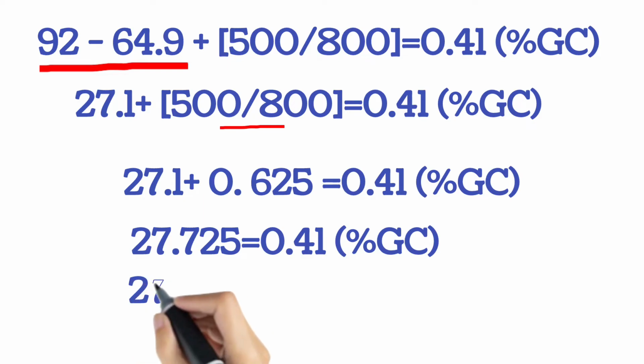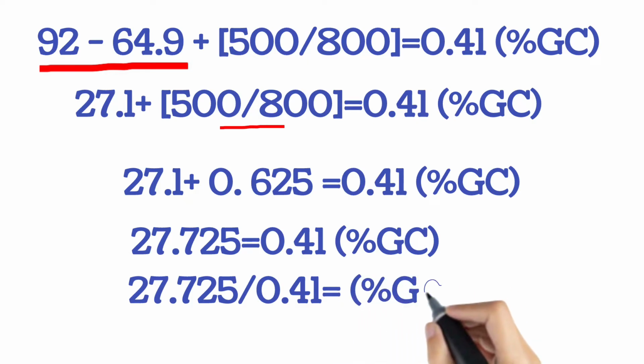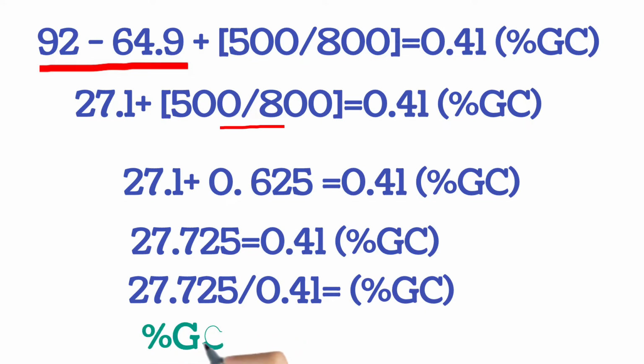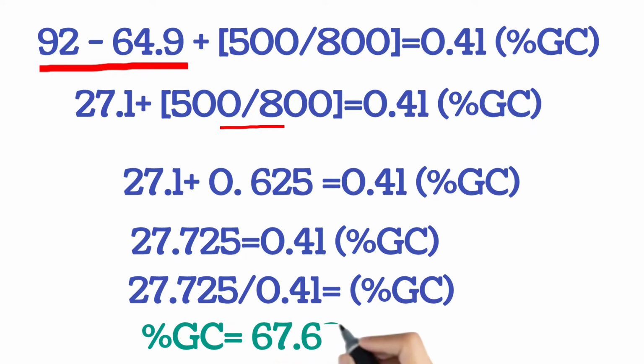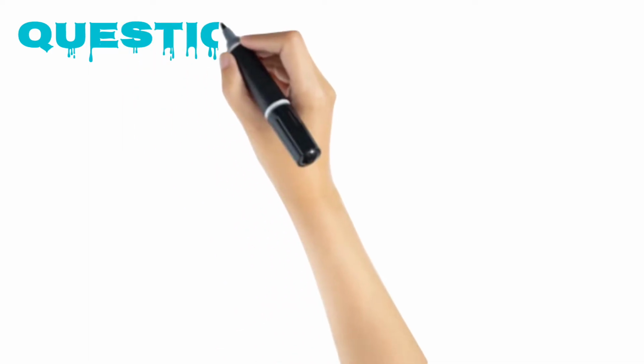So your equation will be 27.725 is equal to 0.41 in bracket percent GC. Now for knowing percent GC, the simple rule is to divide 27.725 by 0.41. So percent GC is equal to 67.62. This is your answer. You have solved this question. You use that formula and you find the percent GC.